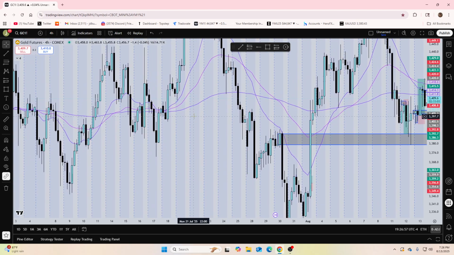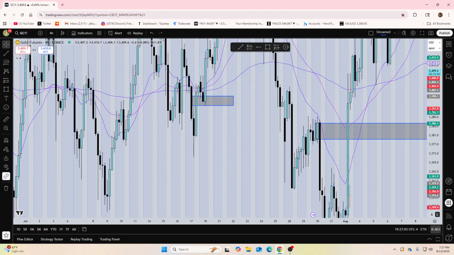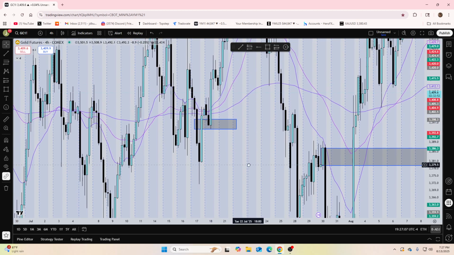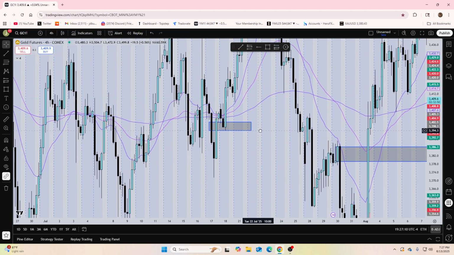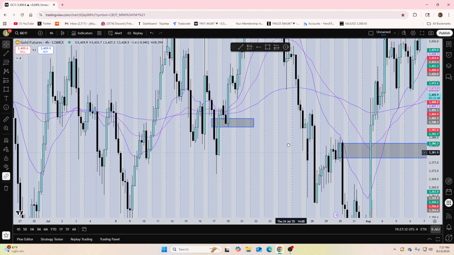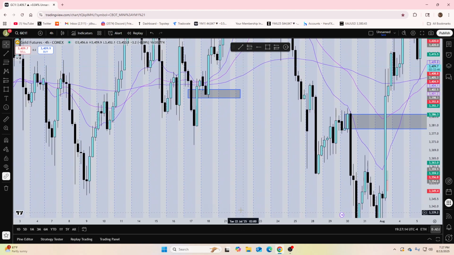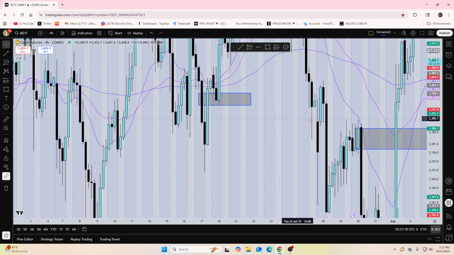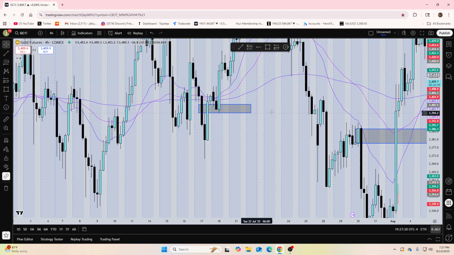Another valid one would be first presented fair value gaps, something like this. Now, the only fair value gap that I will trade is the first presented. I don't trade any other ones, and the first presented is what it sounds like. It's going to be the very first fair value gap that gets put in on a new trend.